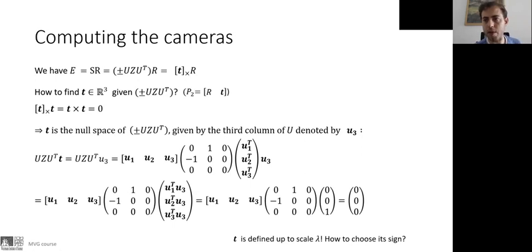But okay, so we have two decompositions for the essential matrix, and we can still choose the sign of T, right? We are not limited anymore. We did not set the sign of T yet. We just set it for extracting two decompositions, but we still have two possibilities to choose the sign of T. It can be -1 or +1.